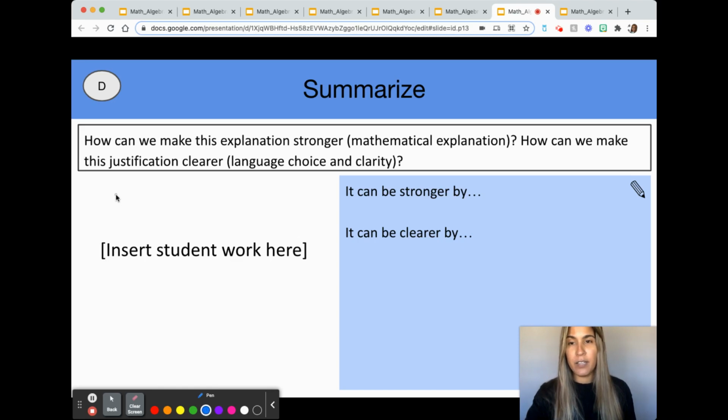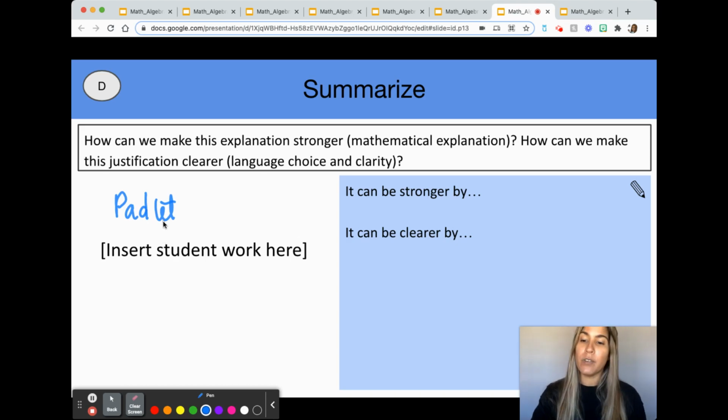I would create a Padlet. And I would have the students either screenshot their work and put it into the Padlet. That way they can comment on each other's work. So summarize is a good portion of this lesson for where students can insert their work and comment on each other's work.